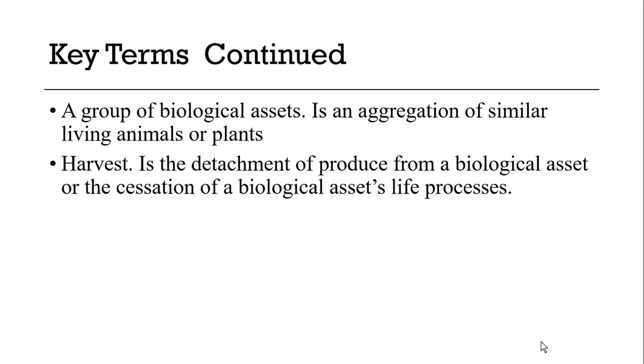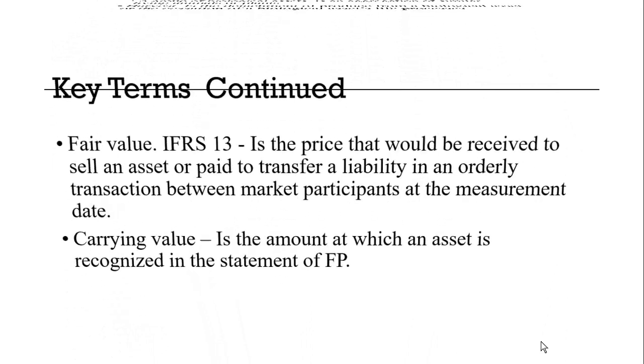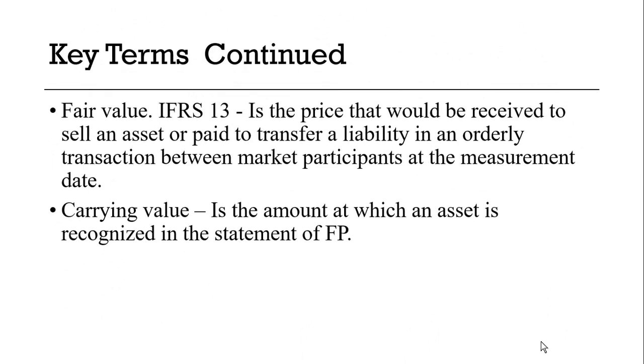Harvest is the detachment of produce from a biological asset or the cessation of a biological asset's life processes. So it should be appreciated that harvest is an intervention in the biological processes of a biological asset. Fair value, which is simply market value, is described there.